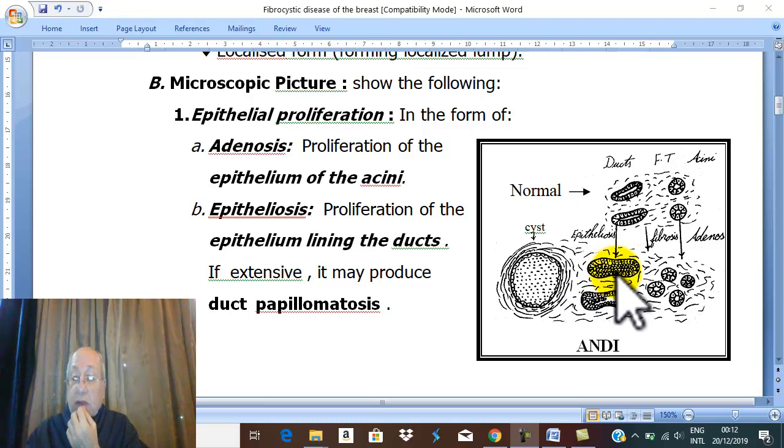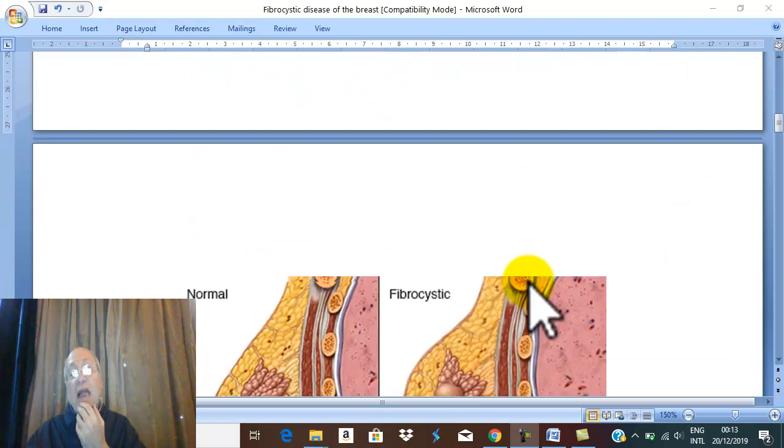Due to epitheliosis, the lumen of the duct may be obstructed, and there is also increased fibrosis, which may compress the duct, leading to obstruction of the ducts. If there is obstruction, the secretions accumulate in this duct and the proximal acini, leading to retention cysts like this.